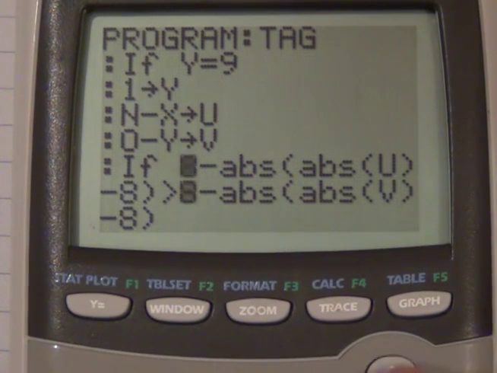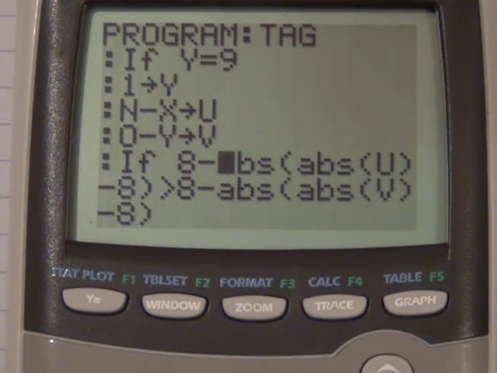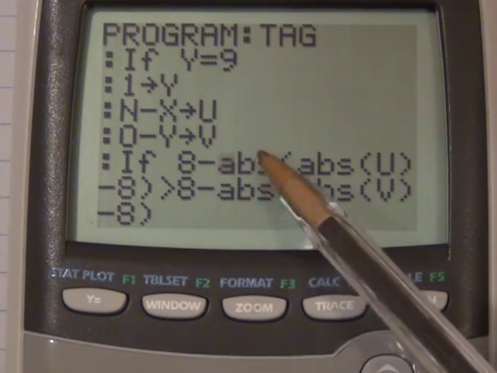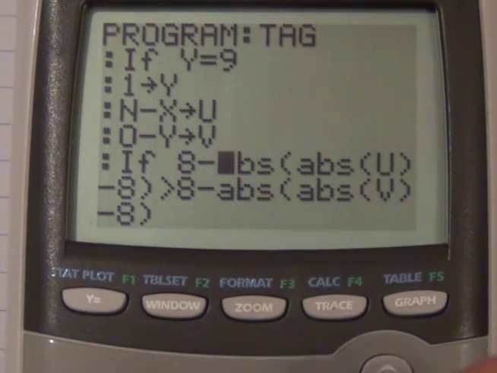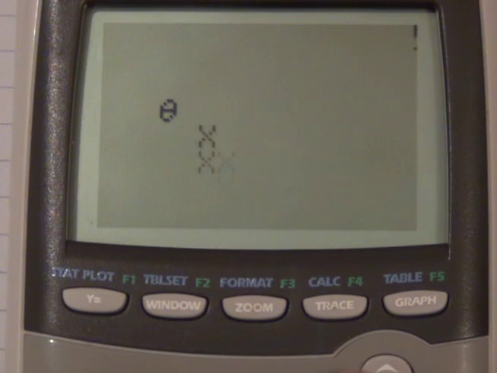The absolute value of u minus 8 is going to be the distance our number is from 8, and then 8 minus that is going to be our number, which means we probably don't need the 8 minus in our comparison.